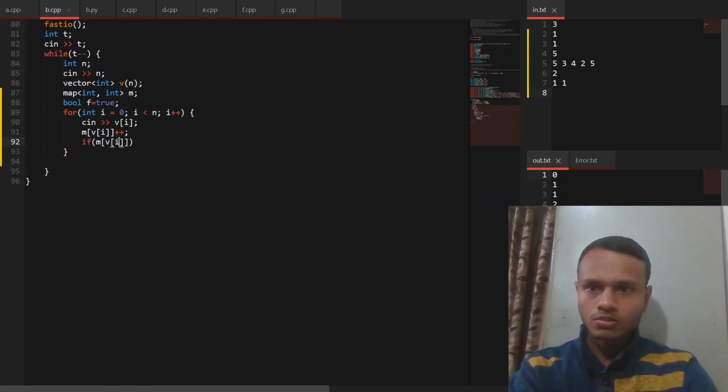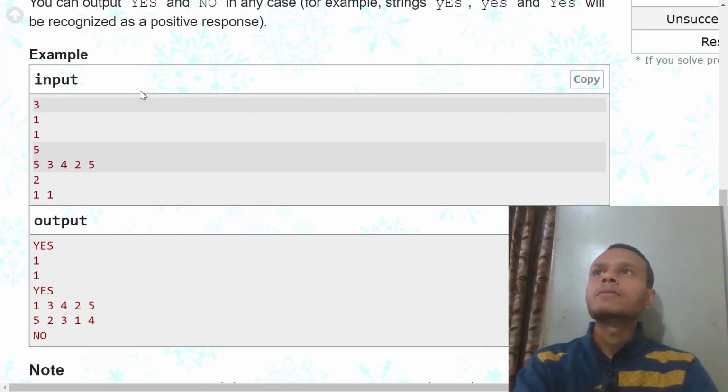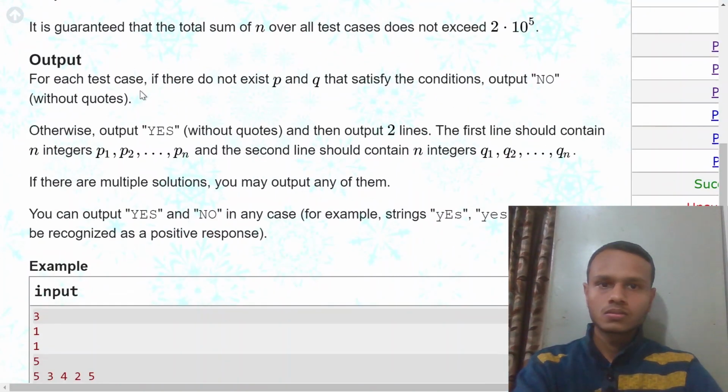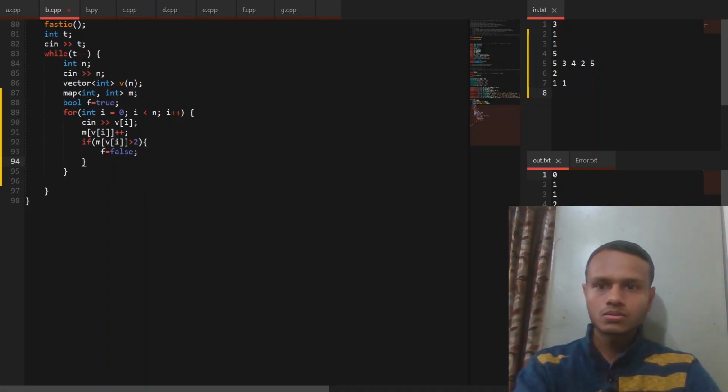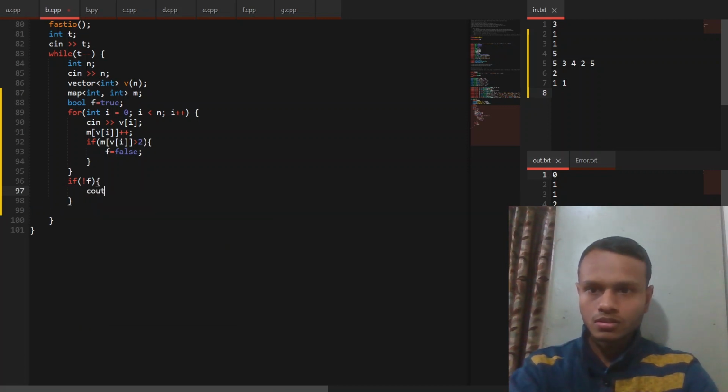Now if m of v of i is more than 2, then f is just false right away. Otherwise, I think the answer exists, right? I think so. If not f, then just print no and just continue.